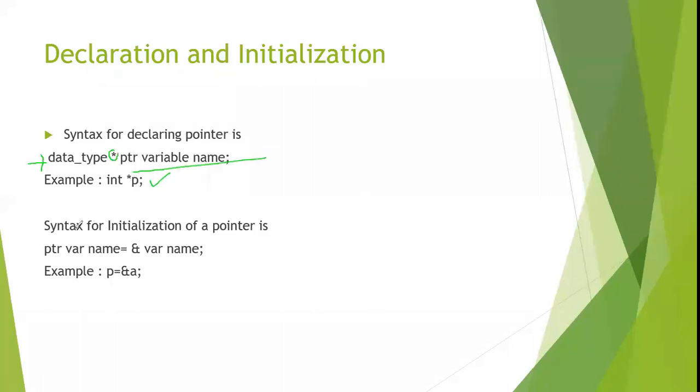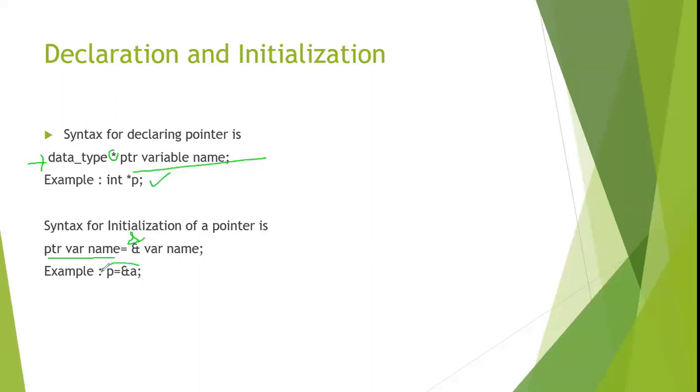The syntax for initializing a pointer is the pointer variable name, that is p, equals ampersand symbol, right? It's available on the keyboard on the key containing 7 as a numeric, right? So it's an ampersand symbol and the variable name.